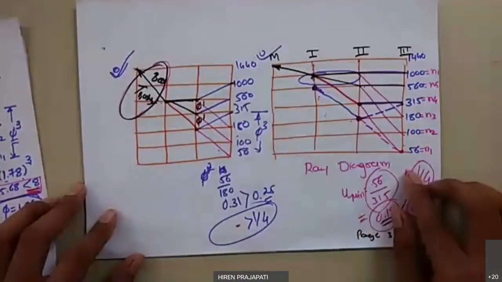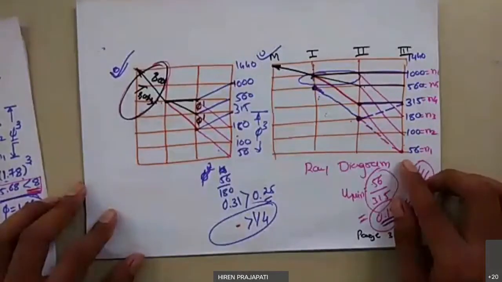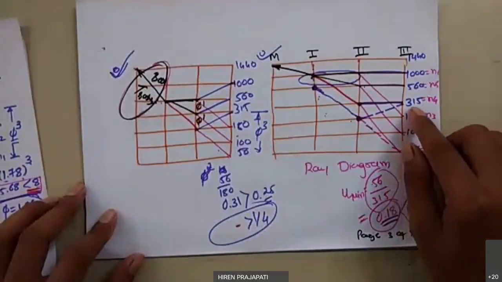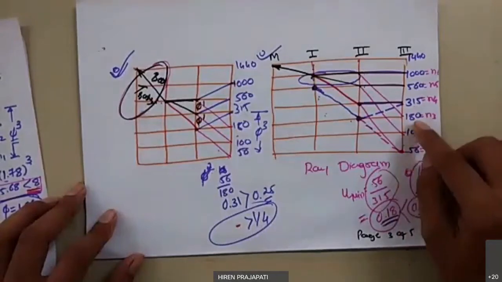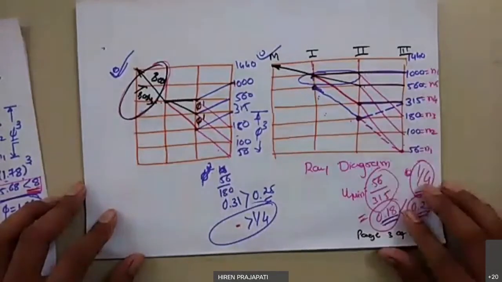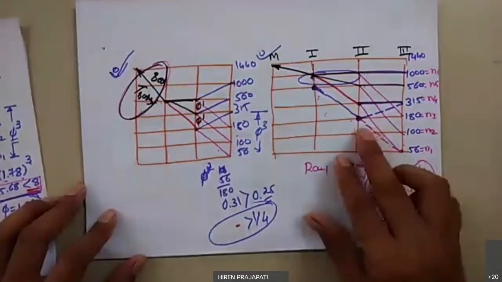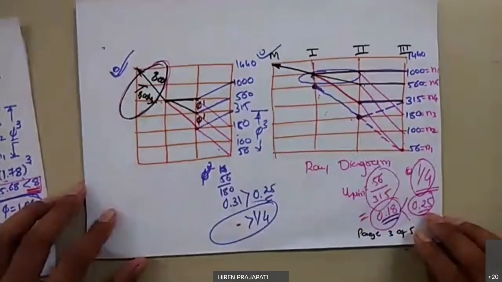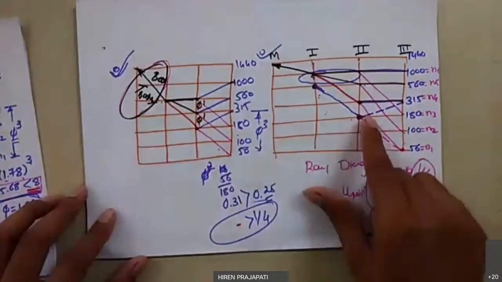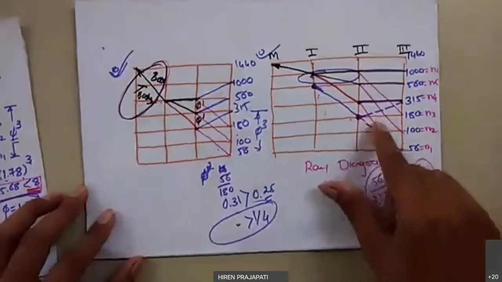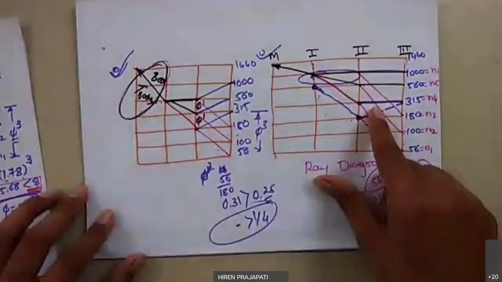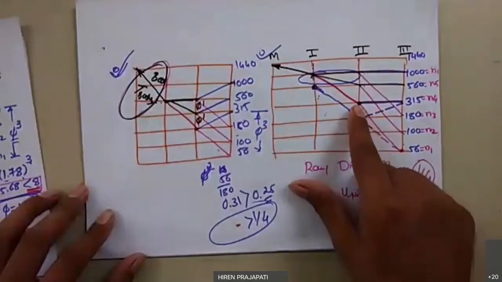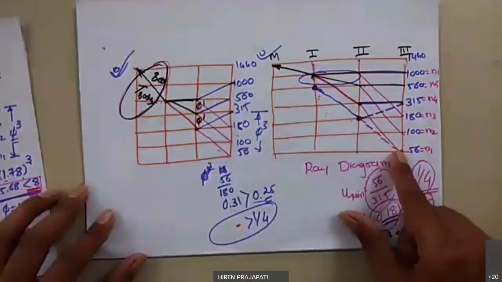So what is the use of the ray diagram? Using the ray diagram, we get the actual speed of each individual gear. So this is the speed available from each individual gear, right? After drawing this ray diagram, we got one suggestion: if you look, in the last stage this reduction is 5:3.